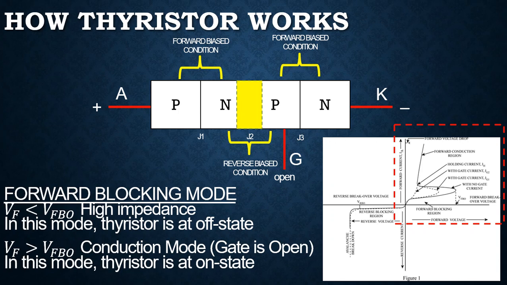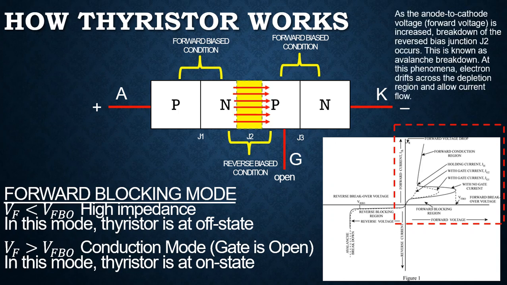Characteristic curve will show that a thyristor with open gate needs a forward voltage above the forward breakover voltage to turn on. As the anode to cathode voltage or forward voltage is increased, breakdown of the reverse bias junction J2 occurs.